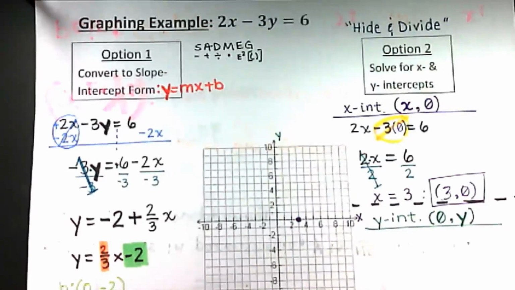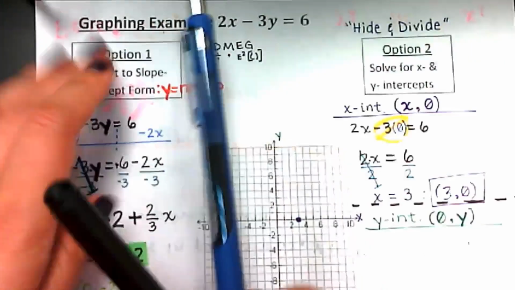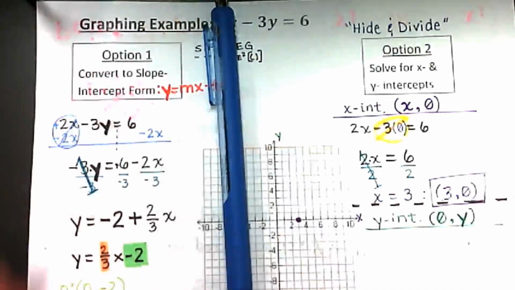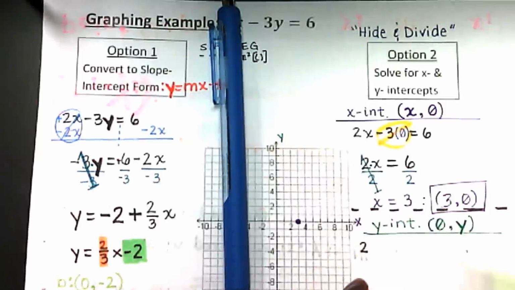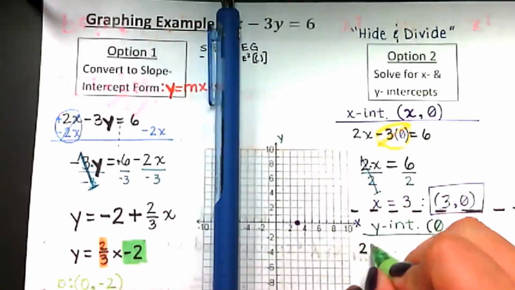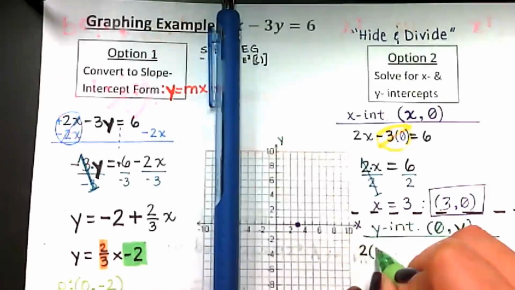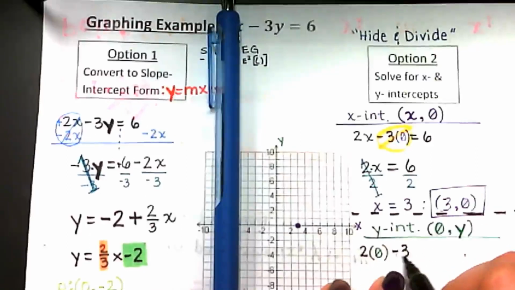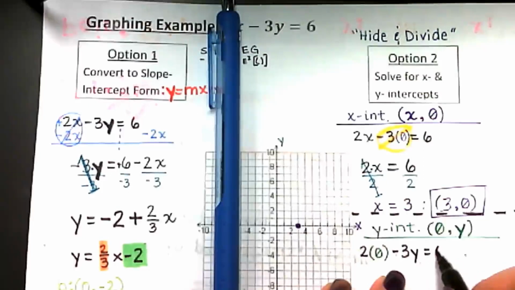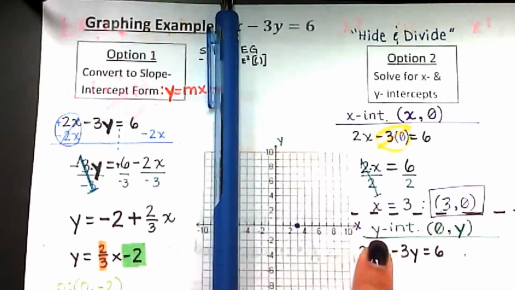Now, we'd be using the exact same equation, but this time, what I would try and hide would be my x. I really don't care about it. Just the same, I would do 2, and I'm going to substitute my x value with 0, and then minus 3y equals 6.